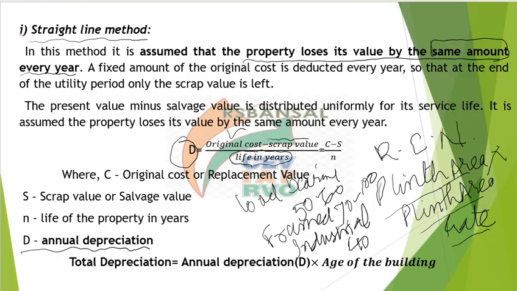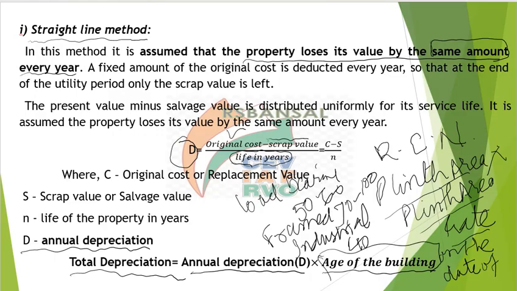The total depreciation equals annual depreciation multiplied by the age of the building. So what is the age of the building? It is the age of the building on the date of valuation, the date or year in which you are doing the valuation.